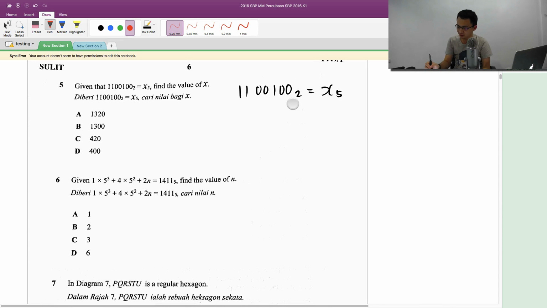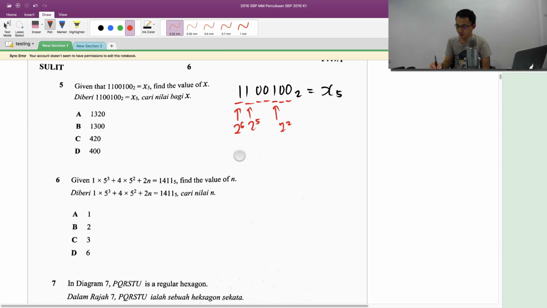Of course you have to know their positions. This is 2 power of 0, 2 power of 1, 2 power of 2, 2 power of 3, 2 power of 4, 2 power of 5, 2 power of 6. Okay, I will ignore all the 0s because I only care about the 1s.